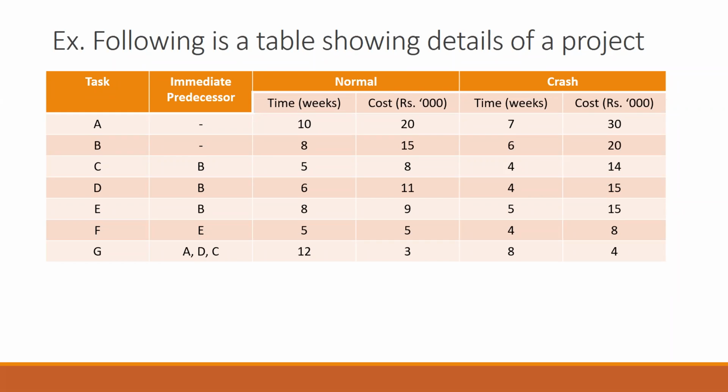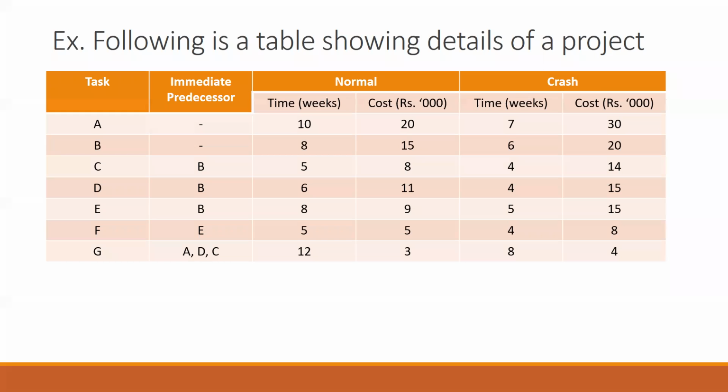We also have the normal cost given to us, which is in thousands. So for task A, the cost is 20,000. Then we have the crush time. That means I can crush task A to 7 weeks, and the cost which is involved is 30,000.